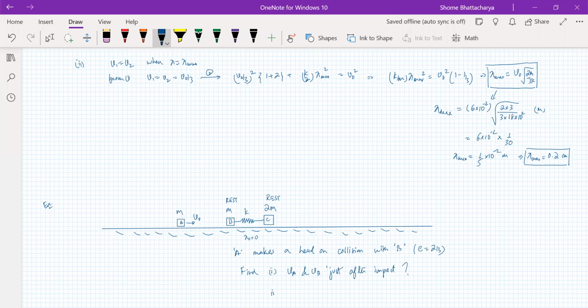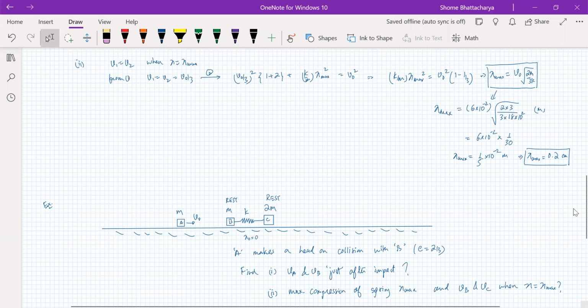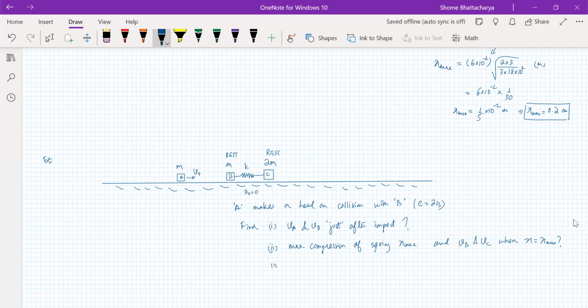And then we want to find the maximum compression of the spring and also VB and VC, when this is the case. Okay. And we want to also find eventually the maximum value of VC.